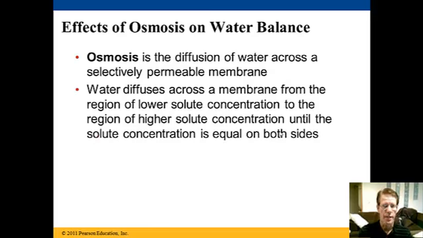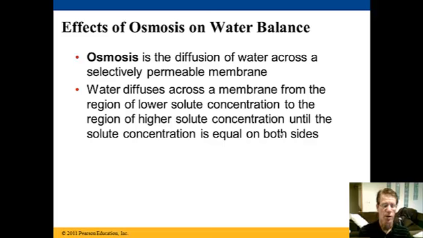We've said that already. The real bugger in this whole process is water. Because water is such a small molecule, it's kind of difficult to control its movement. And water is going to diffuse across a membrane in order to balance out concentrations.